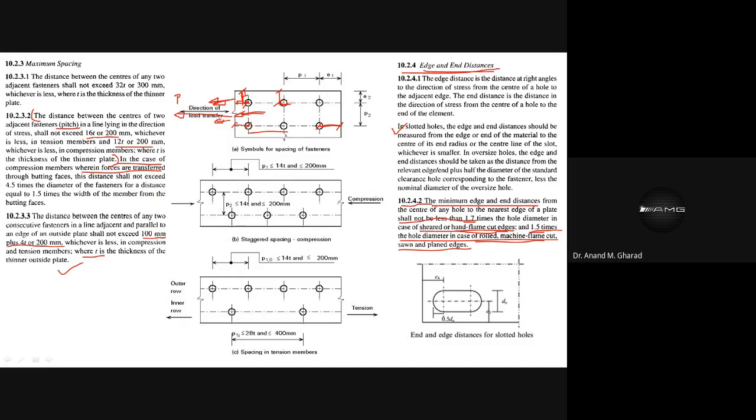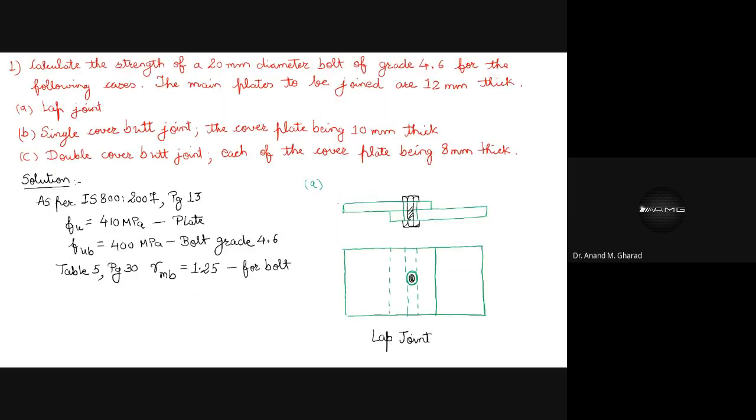Let us see the application of all these clauses whatever we have discussed right now. This is the description of whatever we have discussed. Now we will begin with a simple numerical so as to understand what this bolted connection is all about and how it can be done.